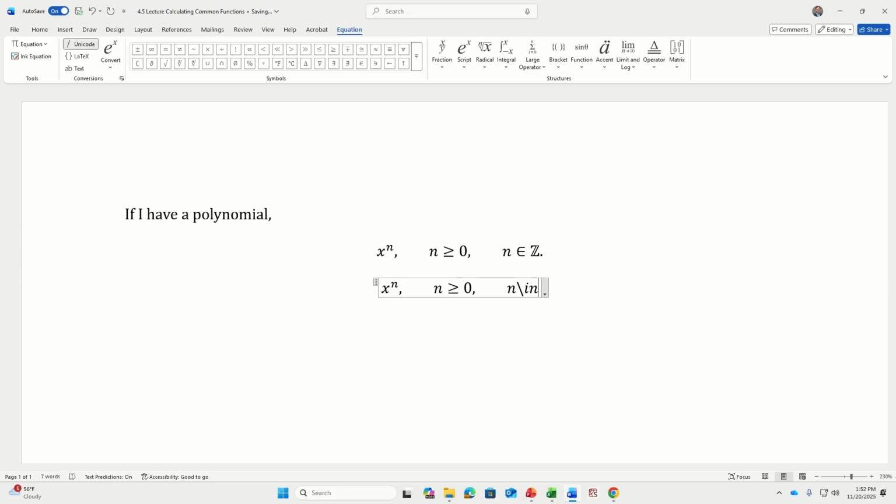And then when I hit spacebar, it's going to turn it into the belongs to set symbol. And then if I want the double struck Z as in integers, I'm going to type in backslash double Z. And it's important to capitalize the Z or you'll get a lowercase z. And when I hit spacebar, now it's a double struck Z. So double Z is the key for that.